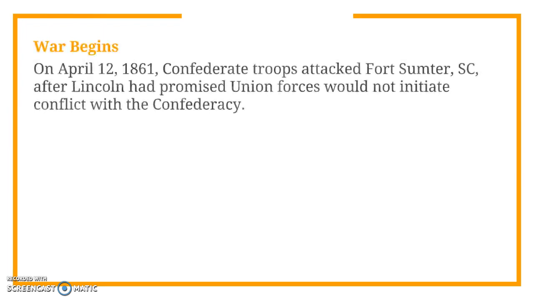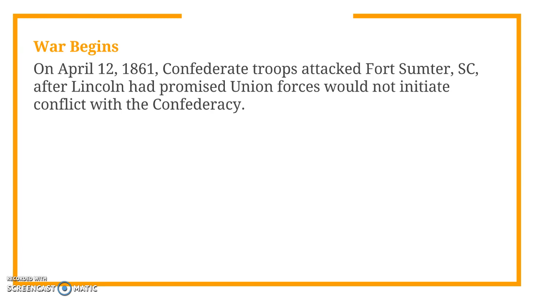Now, on April 12th, 1861, so just about 2 months after the final of the original 7 states had seceded, Confederate troops, or Southern troops, attacked Fort Sumter in South Carolina, after Lincoln had promised that Union forces would not initiate conflict with the Confederacy, with the South.